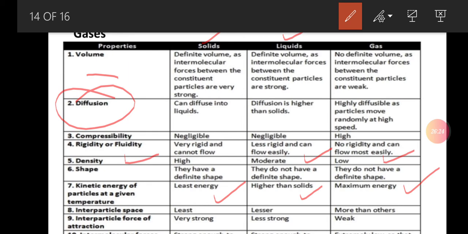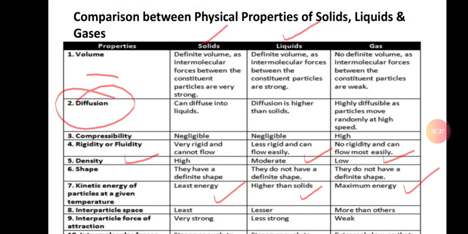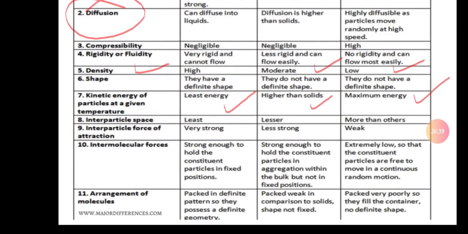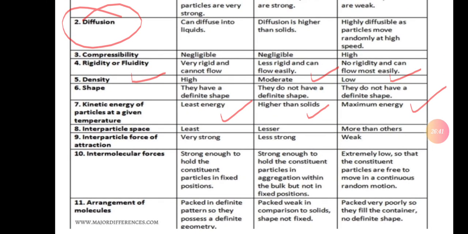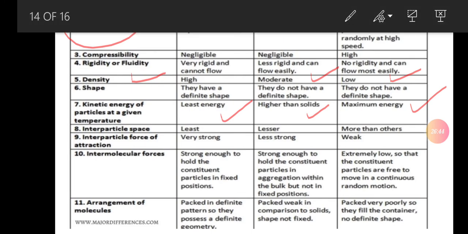Solids have least spaces, liquids have larger spaces, and gases have very large spaces. Interparticle force of attraction means the forces of attraction between them. Solids have very strong attraction forces, whereas liquids have less strong, and gases have weak intermolecular forces.